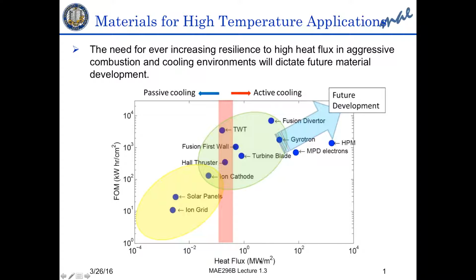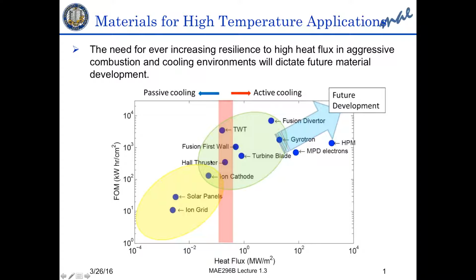Heat flux is in megawatt per meter square. At roughly 0.1 or 0.2 megawatt per meter square, we can have materials that can be cooled passively through convection or radiation. For example, solar panels and ion grids in space propulsion can be that.